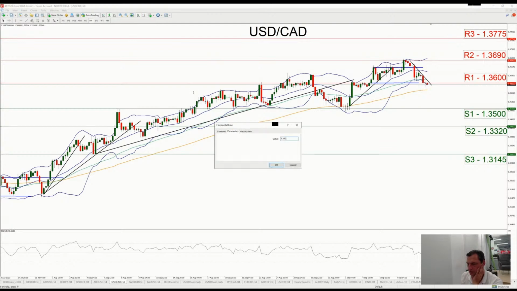Setting the S2 at 1.3430. Setting the S3 at 1.3320. And we're done. For the time being, we tend to maintain a bias for a downward motion to continue, and that's being based practically on two elements.